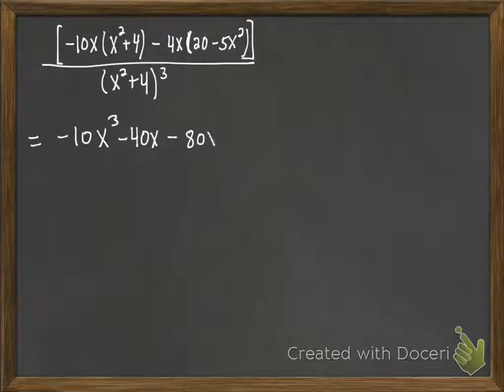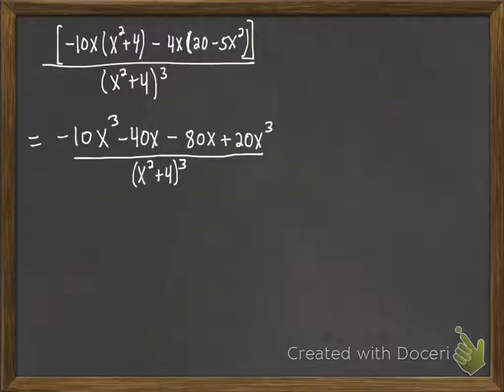And then we have the minus 4x times 20 minus 5x squared, which will be minus 80x plus 20x cubed. Be careful, that's a negative 4x and a negative 5x squared. So that's going to be plus 20x cubed. And that'll all be over the bottom to the third power.